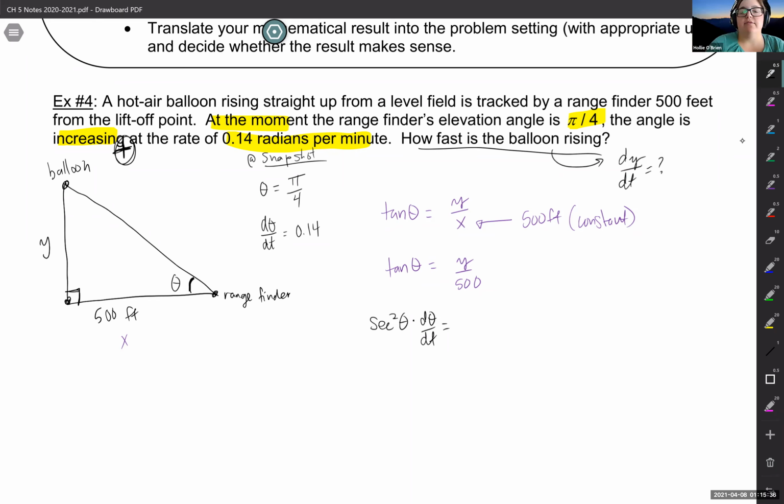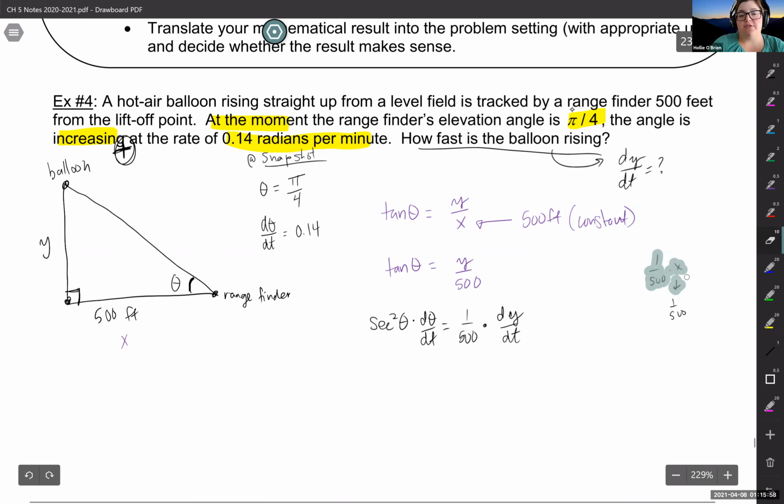So the derivative of 1/500 times y is 1/500th times how y is changing with respect to time, so dy dt. So we use the chain rule, right? At first, if I have 1/500 times x, the derivative is just 1/500th. But the issue is y is changing with respect to time, so we have to tack that on.